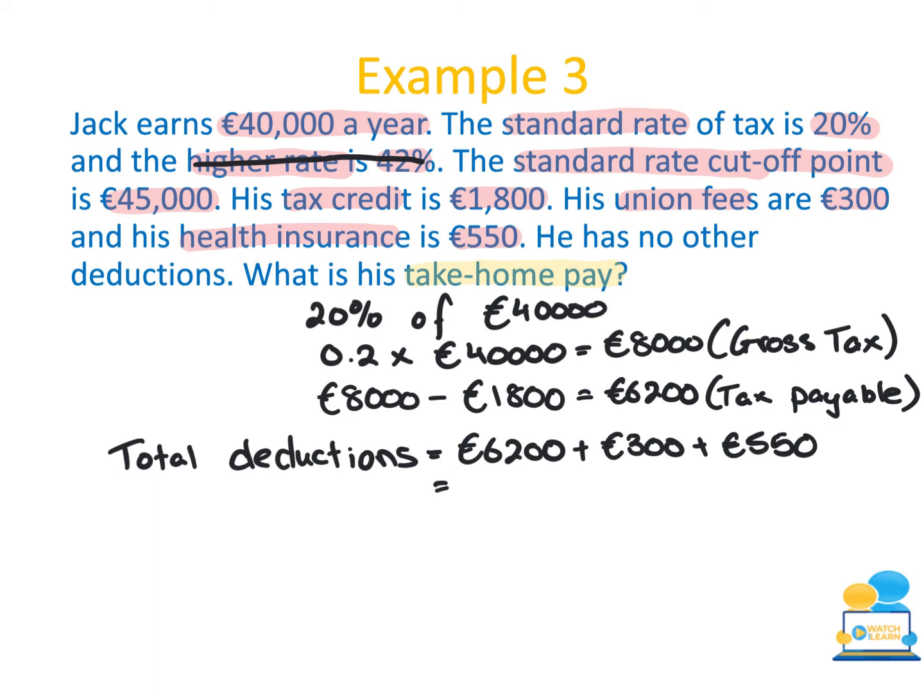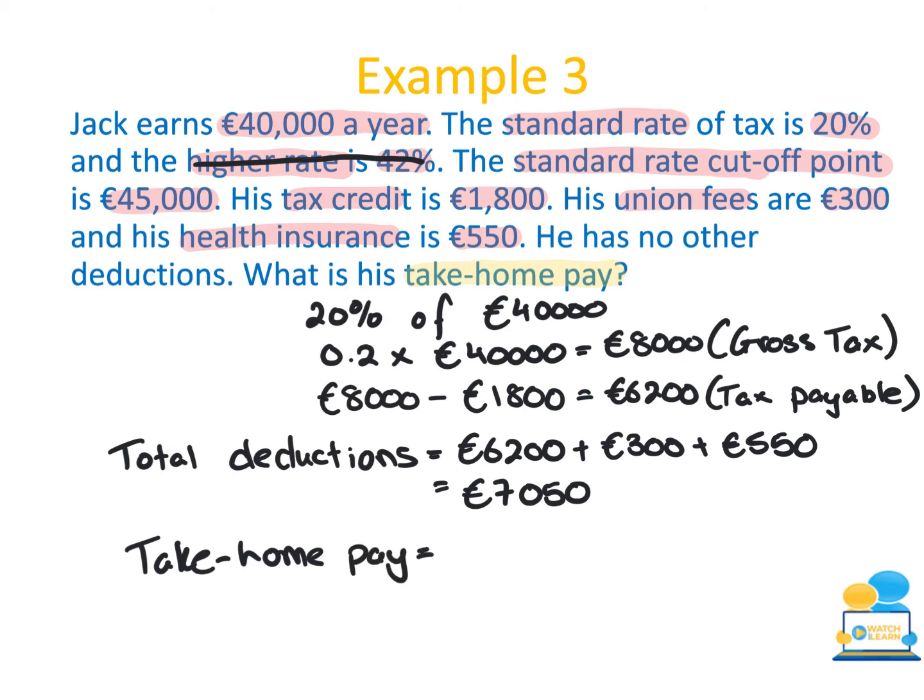That gives me a total deduction of €7,050. So that number indicates how much money is going to come off Jack's salary of €40,000. So we have his tax in there, €6,200, his union fees and his health insurance giving us a total deduction of that. So now I can go and find out what is Jack's take-home pay.